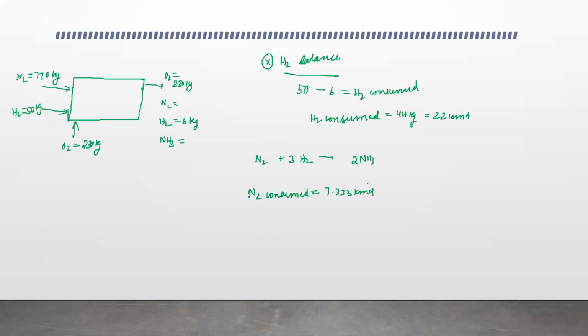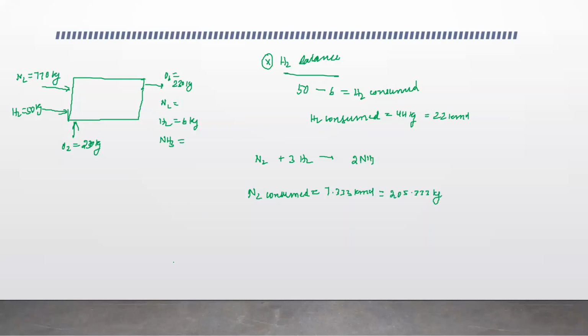So when we multiply this by the molecular weight, instead of directly taking everything by stoichiometry, I'm going with the mass basis. So if we multiply this by the molecular weight of nitrogen, that is 28, I'll get 205.333 kg of nitrogen. This much kg of nitrogen has been consumed.